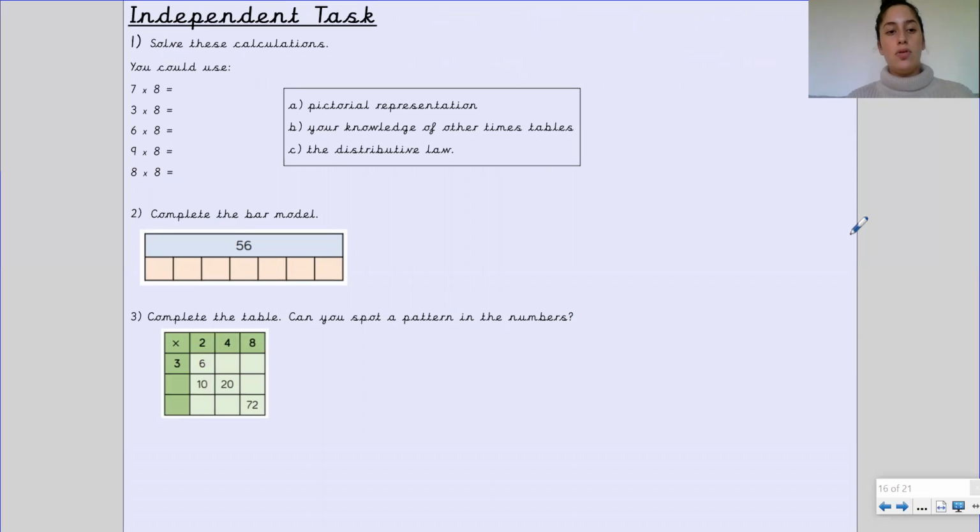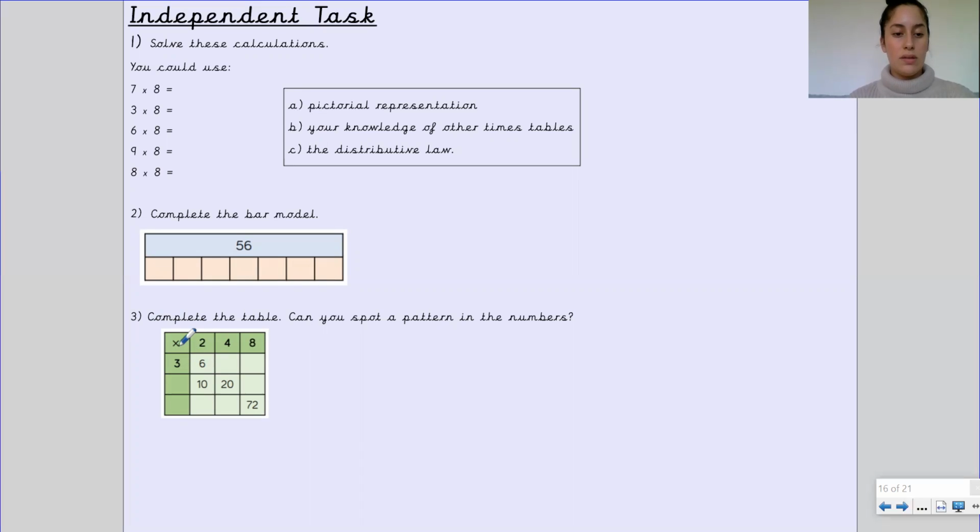Okay, this is your independent task. So have a go at doing these independently on your piece of paper. For this third question, this is how it works. So you would multiply this side to this side and get the answer 6.